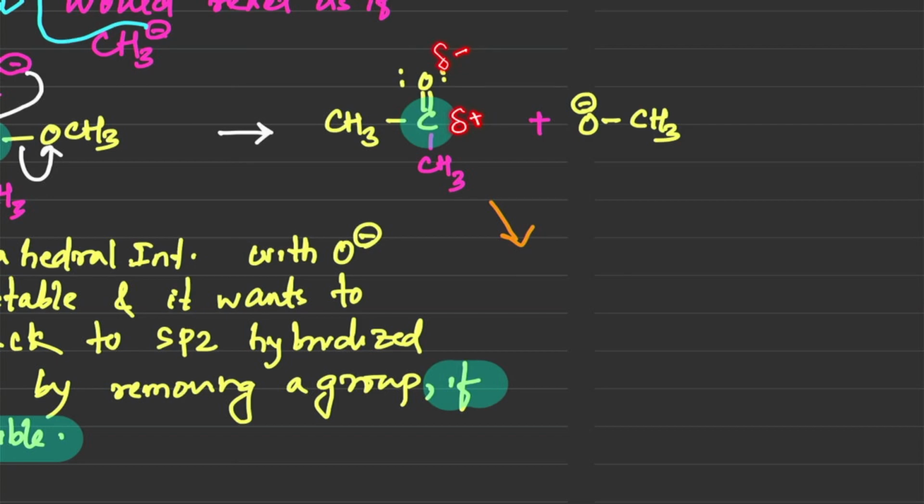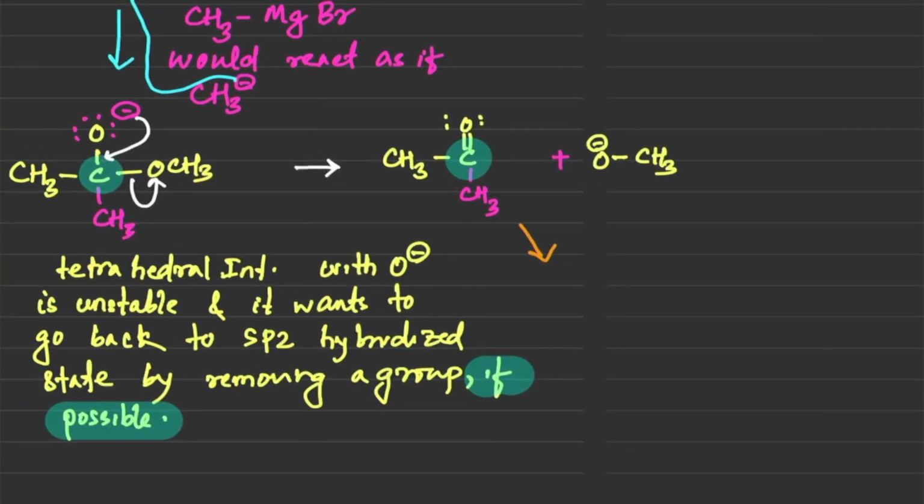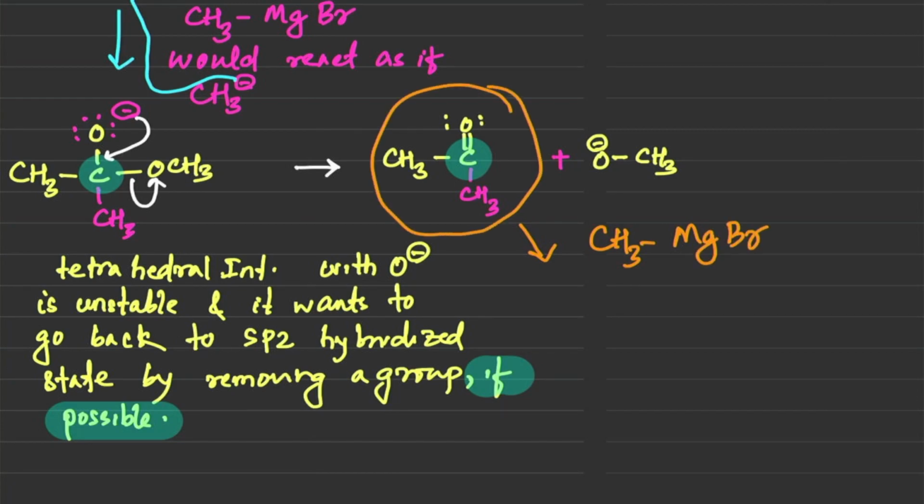In our previous video, we know what functional group this is. This is a ketone, right? So the ketone will again react with anything left over. So CH3MgBr will react again, because as soon as you make this, it's going to react with whatever the next CH3MgBr available.